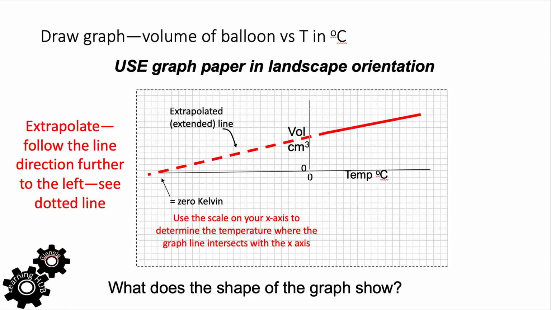So this is in essence what you're looking at, and you will put the scale on going into negative degrees Celsius values in order to get the point at which your line goes across the x-axis, which is 0 Kelvin, the Kelvin temperature scale.